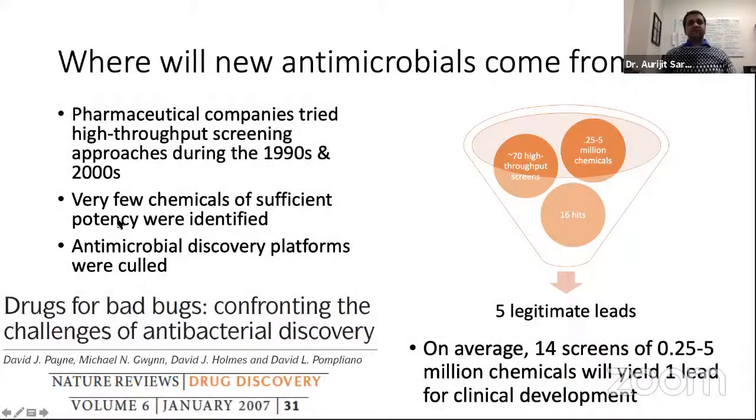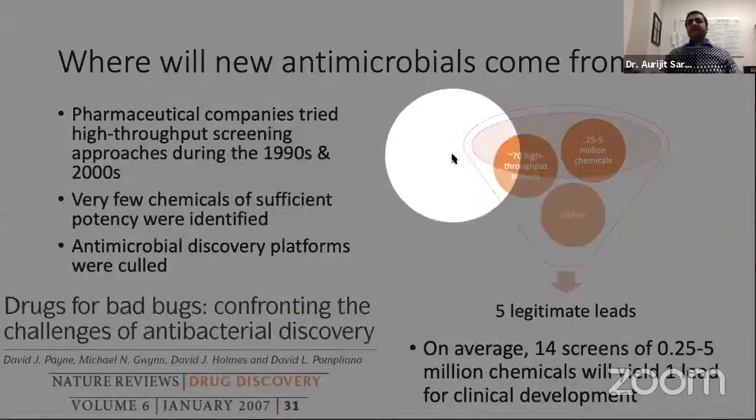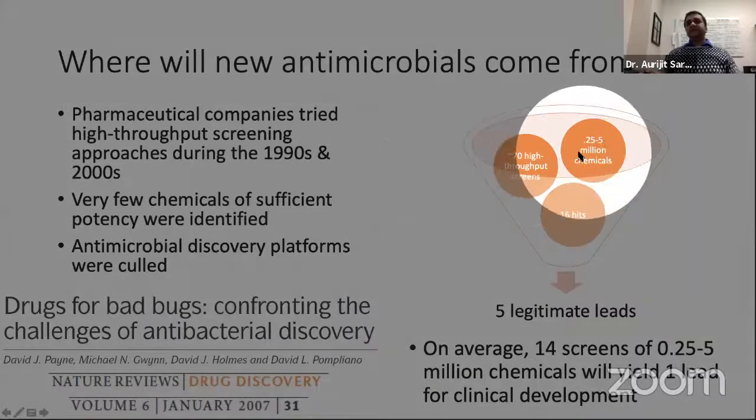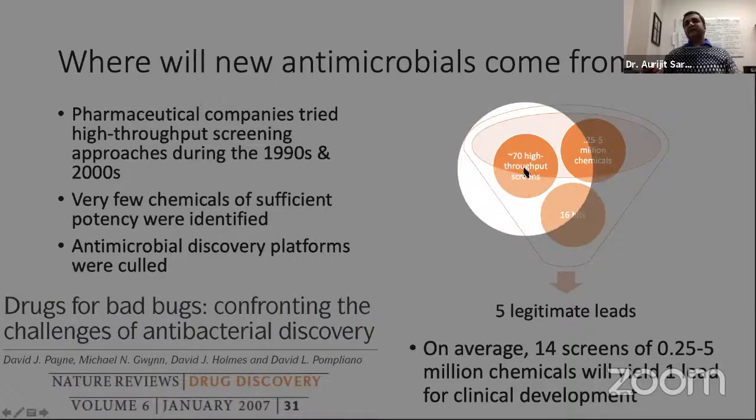So just to give you a few more details, companies have libraries of chemicals of up to about 0.5 million chemicals approximately, right? So 500,000 chemicals. They ran these chemicals in 70 high throughput screens.